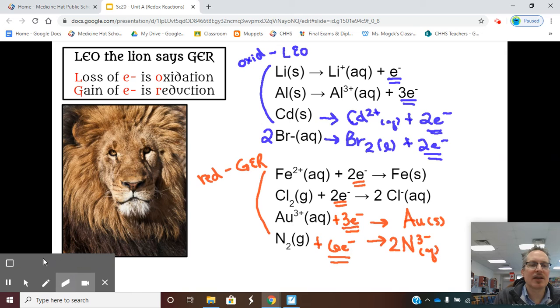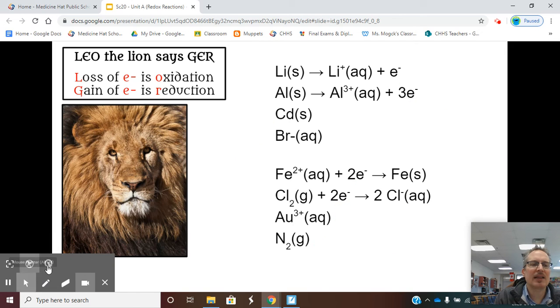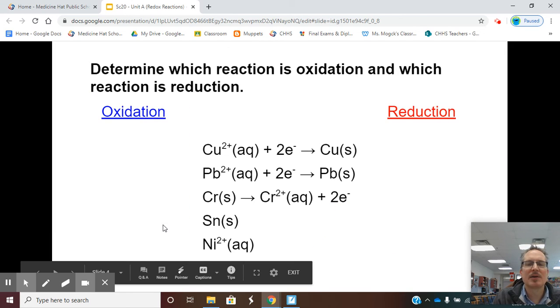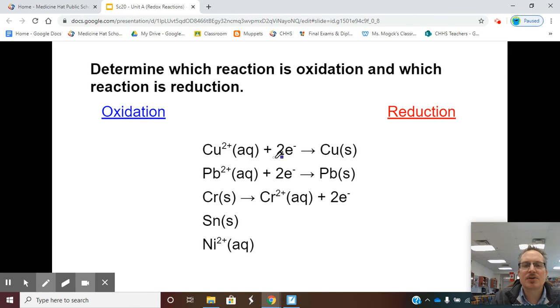Okay, let's clear this. And let's go to our last page here and try to figure this out. So when we're trying to figure this out, we're going to make a decision. Is this oxidation or is this reduction? So let's get a pen color here. We'll go back to blue. Cu2, okay, the electrons are on the left. So let's write something down.